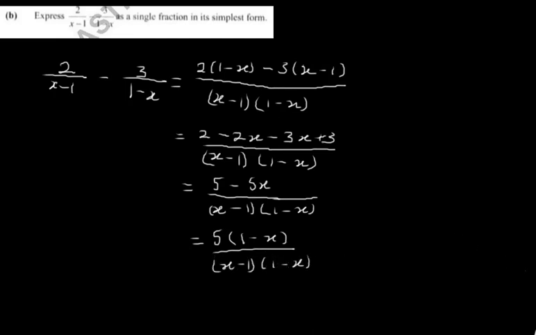And from there we can see that this and this would go, and we would have equal to 5 over x minus 1. And that would be your final answer. In this case, you have expressed that as a single fraction, and you have expressed it in its lowest form. We can move on to the next question.